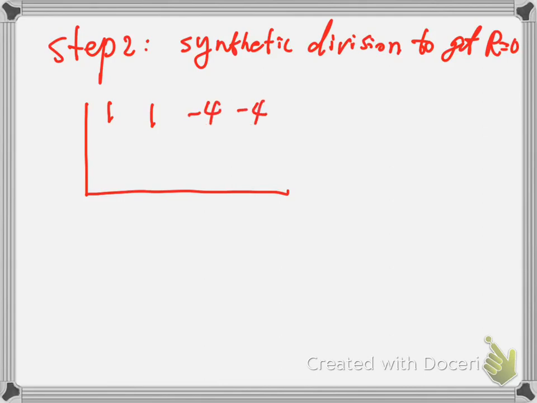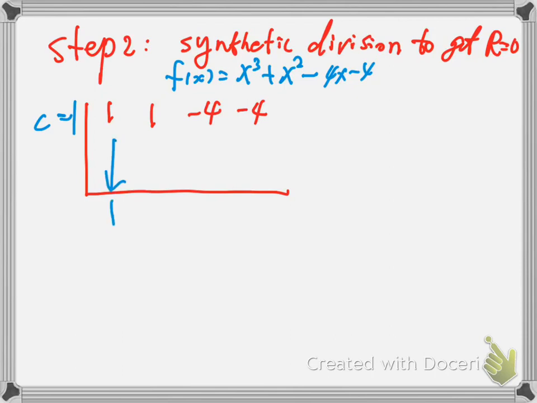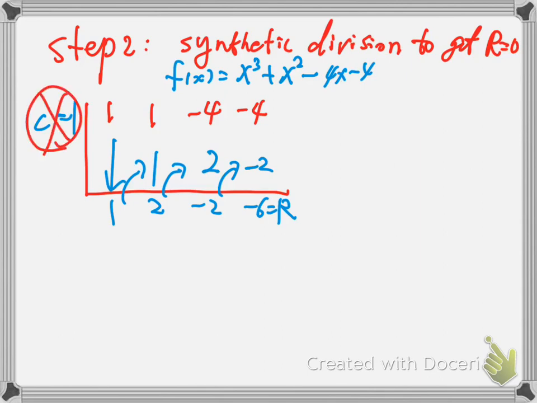So let's put f back here: f of x is x cubed plus x squared minus 4x minus 4. Our c is plus or minus 1, plus or minus 2, plus or minus 4. We first check c is 1. We move down 1. 1 times 1 is 1, 1 plus 1 is 2. Then 2, negative 2, negative 2, negative 6. So if c is 1, the remainder is negative 6. We have to drop this c because it's not remainder 0. We need remainder 0. Then we check the next c.